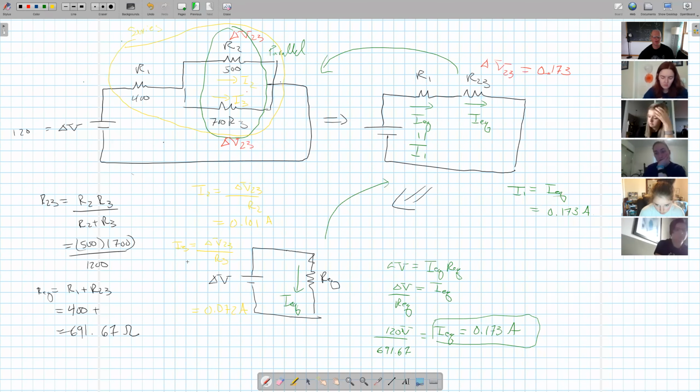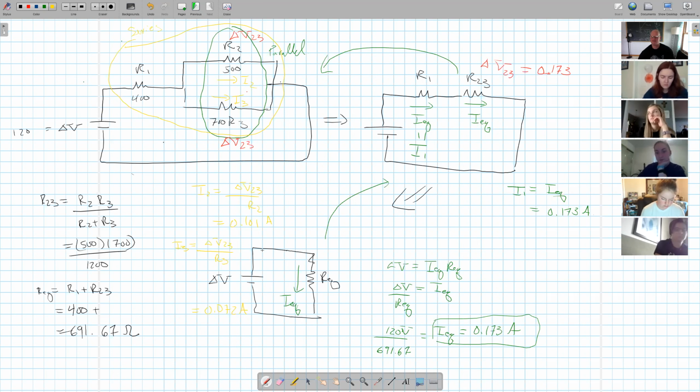We can see that 0.101 plus 0.072 is indeed IEQ. So those currents do add together, a nice quick way to check that we didn't make any mistakes.